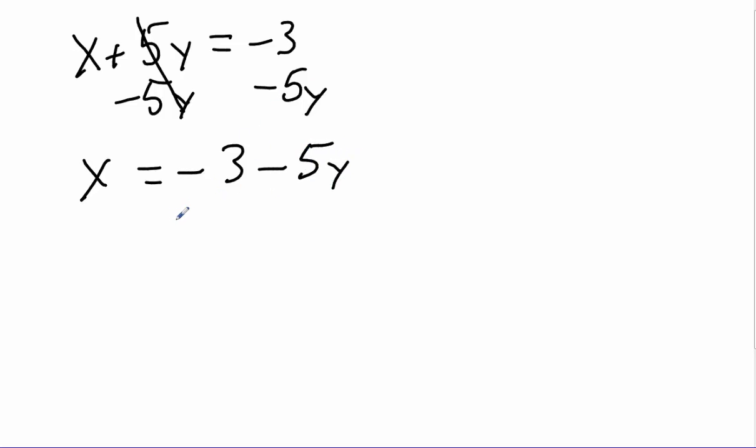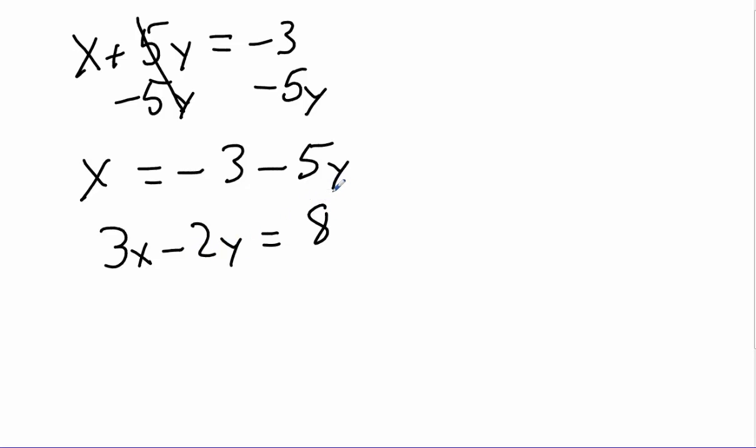If you notice, I didn't combine the negative 3 and the negative 5y since they do not share a variable, so they're not like terms, but you guys already knew that. And then here's our original second equation, which I erased to begin with: 3x minus 2y equals 8.